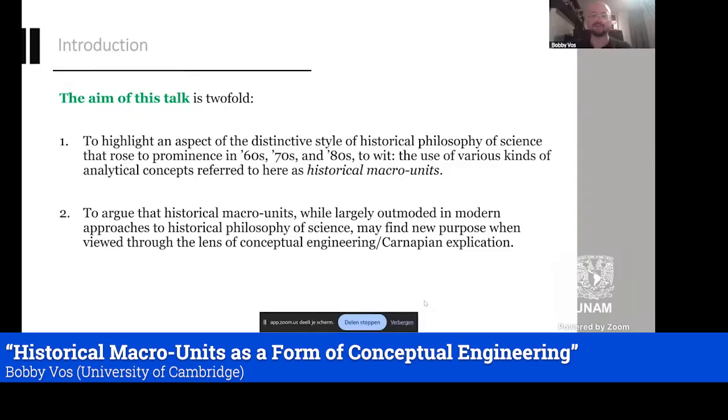But for now, I'd like to just highlight that this is one of the distinctive aspects of this style of historically informed philosophy of science that I would like to say a bit more about.